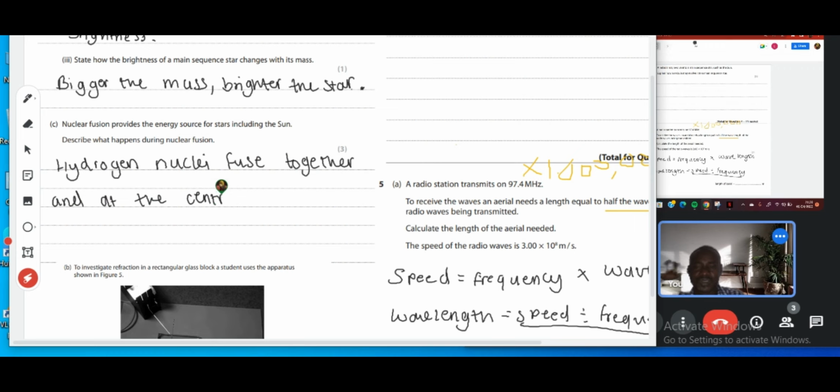To form what? Fuse together to form, let me add it. Hydrogen nuclei fuse together to form. Just go ahead, let me add that. To form helium. Good.